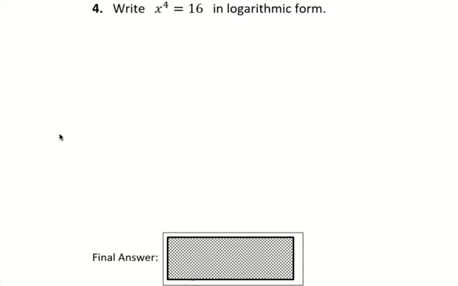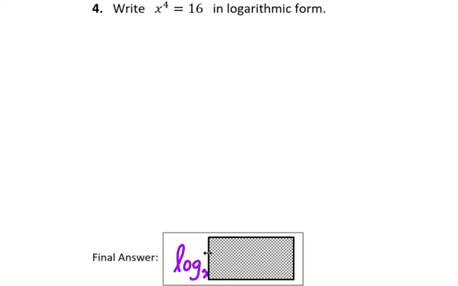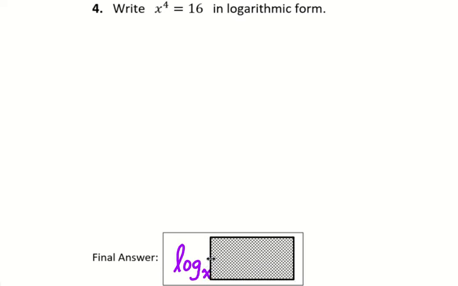Going the other direction, changing exponential form to log form, it's just a very simple matter of doing that in reverse. Here, x is the base, and so x is going to be the base of the log, right? There it is. And if 4 is my power, then that's what the entire log is going to have to be equal to.